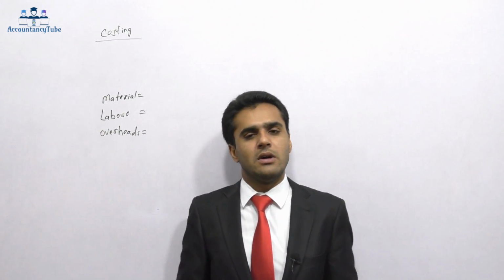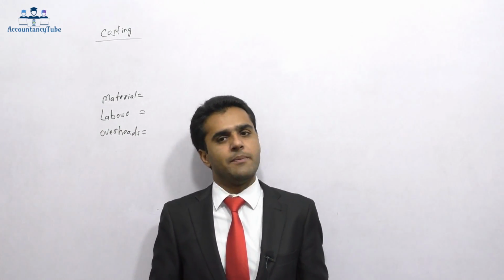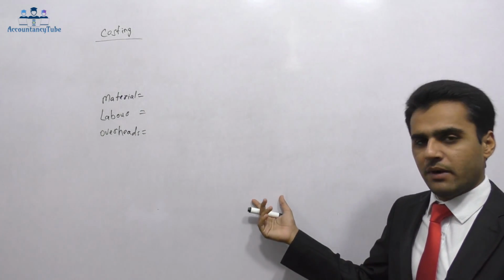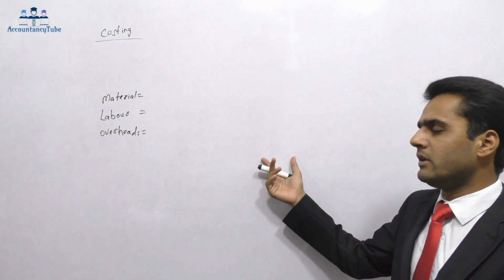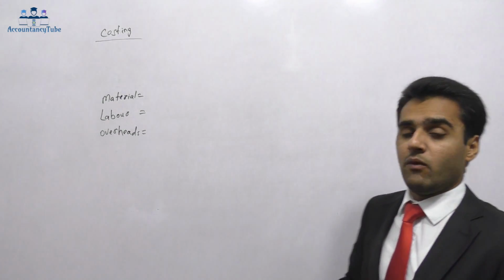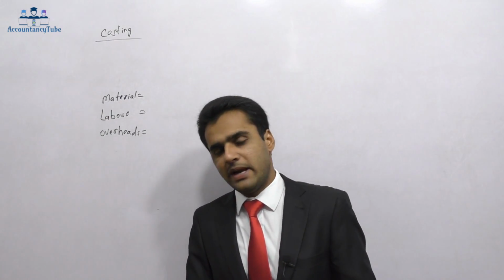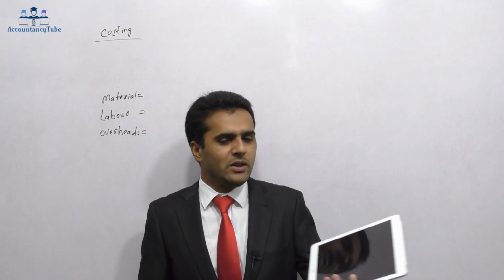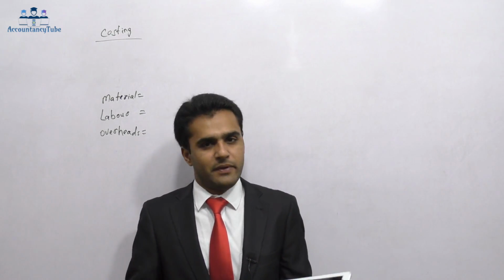One product takes longer, other product takes less time. So it's not fair to divide the total overheads by number of units, right? Now these are the total overheads, which we are dividing by number of units. However, one unit is taking longer, other one is taking less time, so it's not a fair basis.